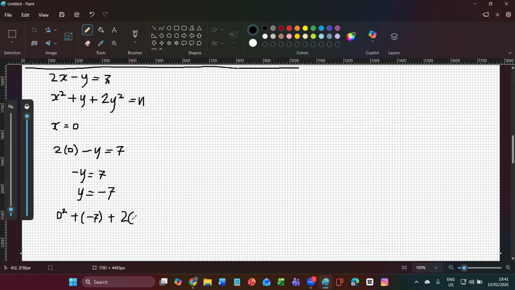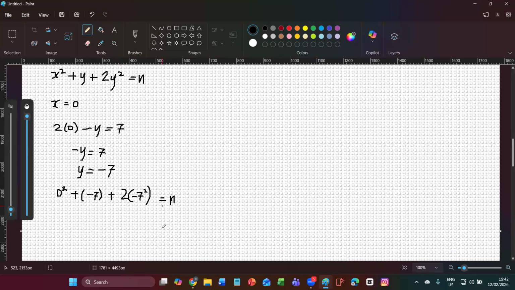And we know that minus 7 squared is what? 49. 49 plus 49. Don't forget your n, because that's what we want to figure out now.